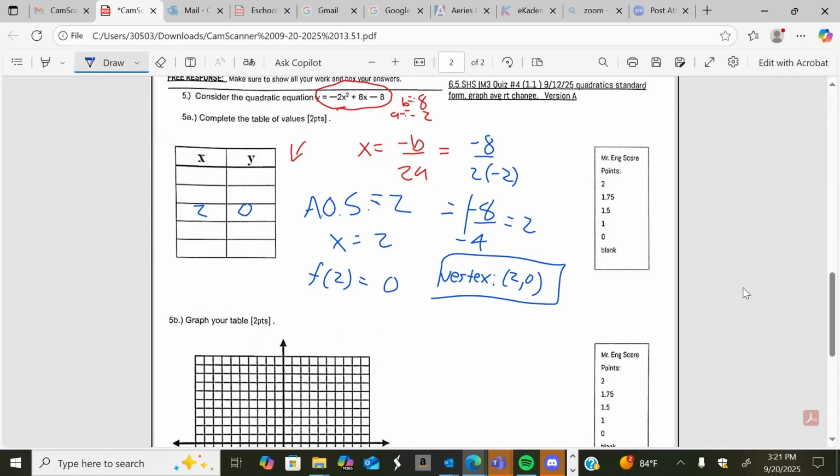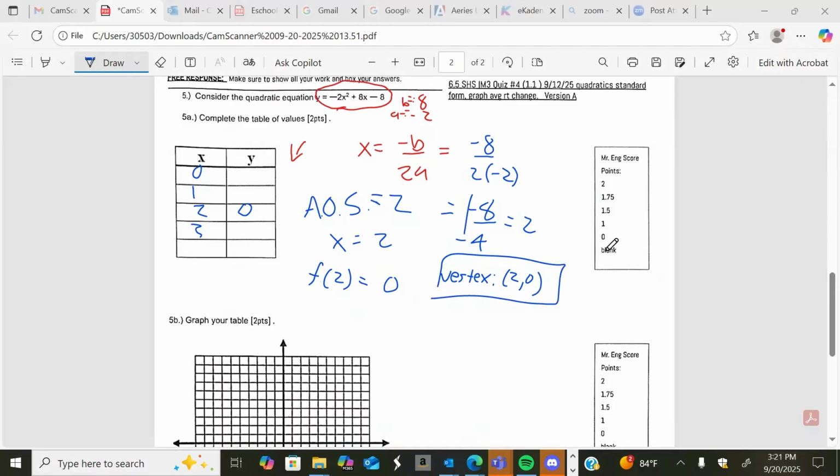So anything around 2. So we find out what 0, 1, 3 and 4 are. If we plug them into our calculator, if I plug in 0, I get -8.